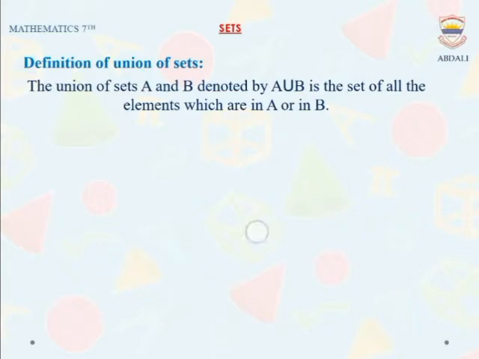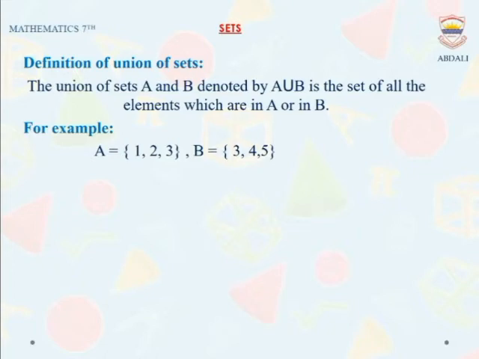Okay, let's see an example. Here is a set A which is {1, 2, 3}, and set B which is {3, 4, 5}. So, A ∪ B will represent all the members of both sets. Firstly, we will write the members of set A, which are 1, 2, 3, and then the members of set B, which are 3, 4, 5.